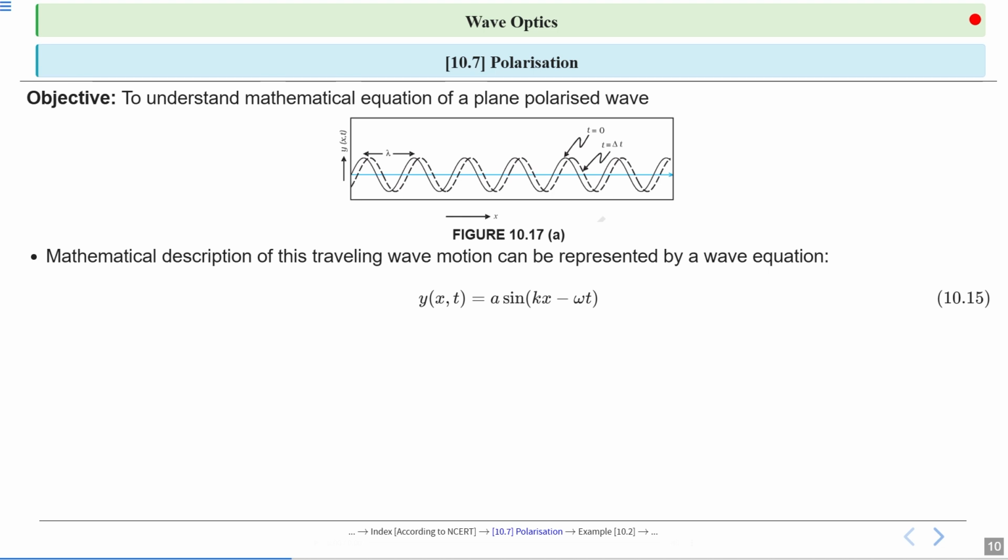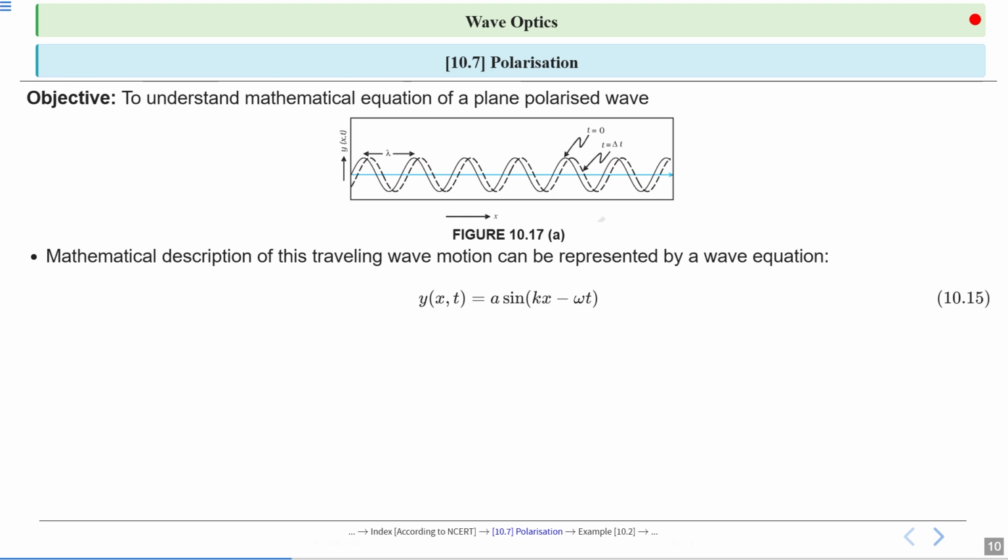So if you want to find the displacement of the wave at any point, you have to define the position and time also. So after what time the position of this particular displacement is this, and after what time. So displacement of the wave is a function of position and time both.